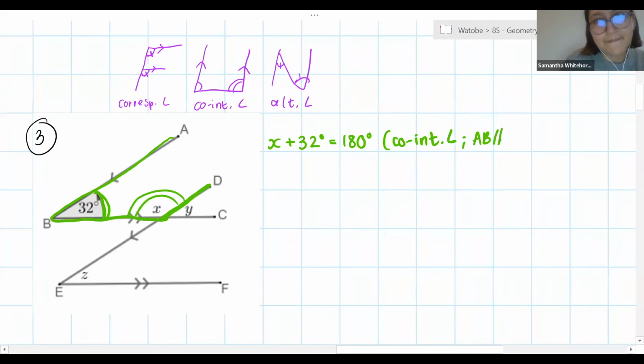Ma'am, can you repeat what you just said? Okay, so you've just told me that if you add the x and the 32, you should get 180. Yeah, because they're co-interior. So in order to solve x, I need to subtract 32 on both sides. So 180 minus 32.